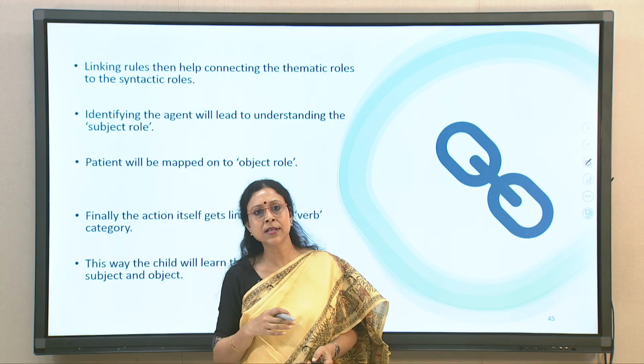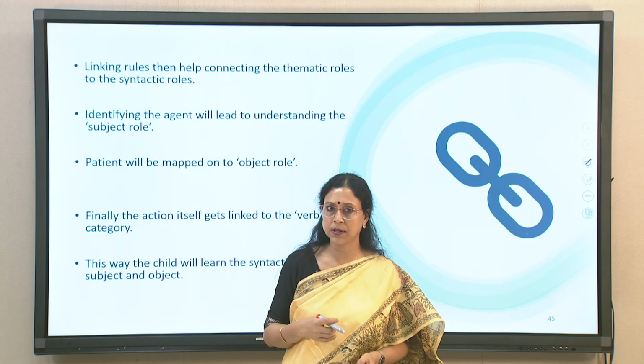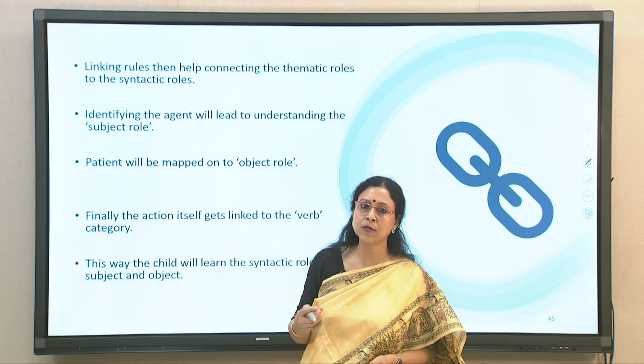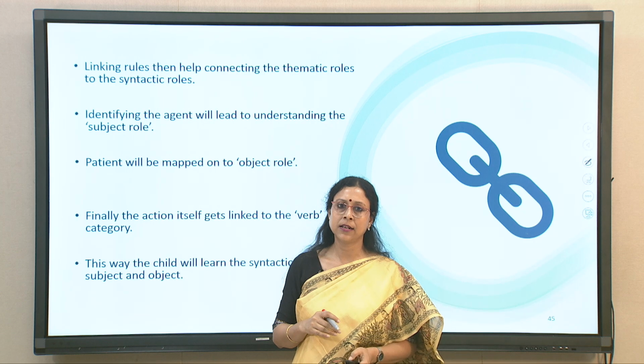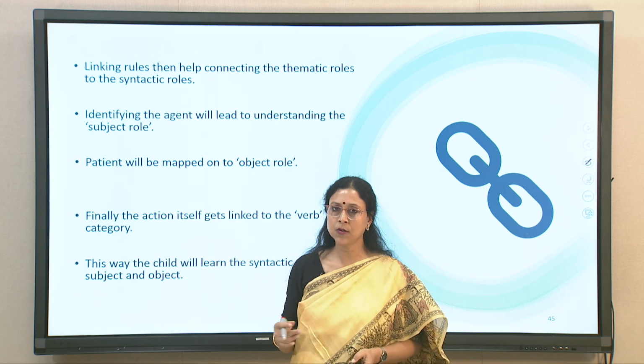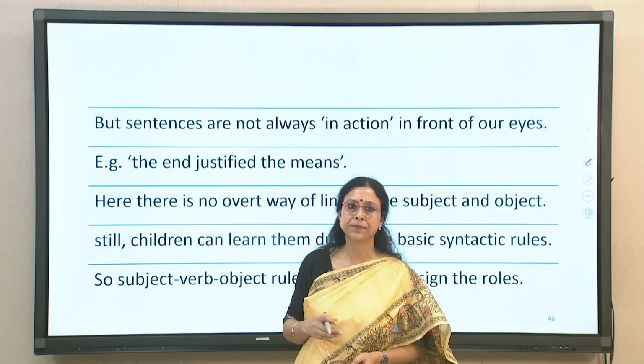Once that happens, linking rules help them connect the thematic roles to the syntactic roles. Identifying the agent will lead to understanding the subject role, identifying the patient will lead them to link it to the object role. Finally, the action itself will get linked to the verb category. This way the child will learn the syntactic roles of subject and object. So, this is how the entire understanding goes, step by step.